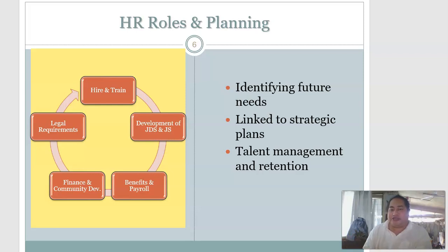You link that to strategic plan, and then talent management and retention. Linking to strategic plans is having the goals put in place, and talent management and retention is looking for the right caliber of staff with the skills that you need. And all this has to do with research.